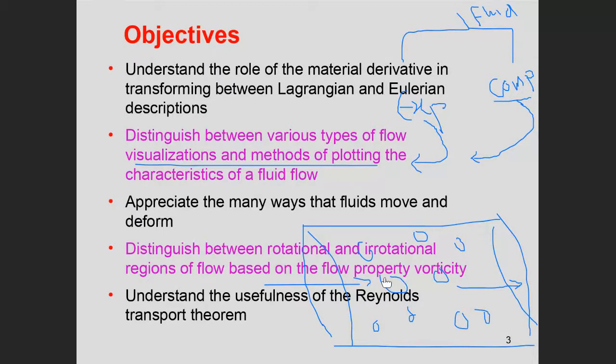This school of thought, which looks at a fluid flow as a combination of a huge number of particles, is called Lagrangian. What is it called, guys? Lagrangian. So the Lagrangian school seeks to follow the path of the particle until it exits, and the path of the particle gives an idea about the nature of the flow.